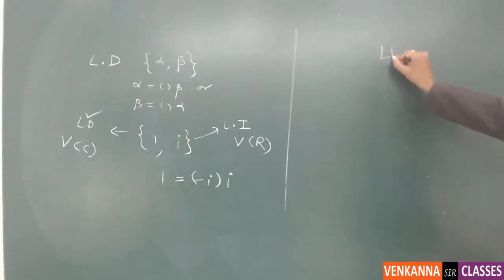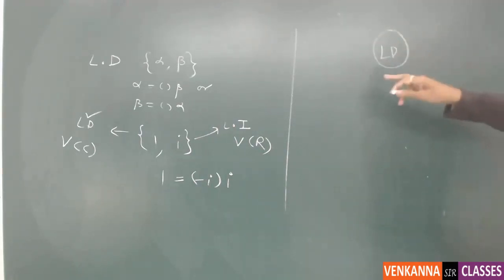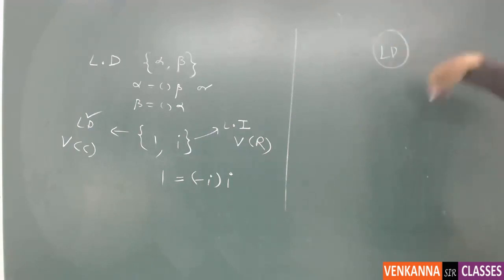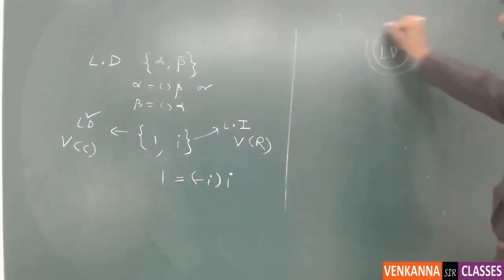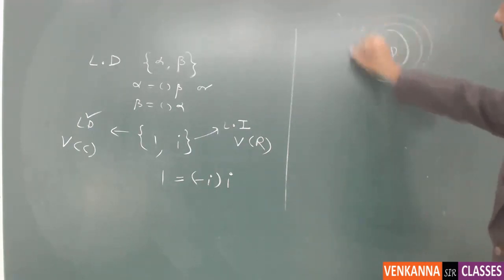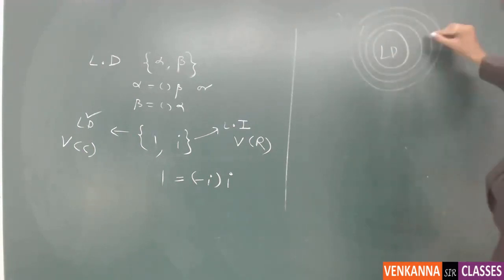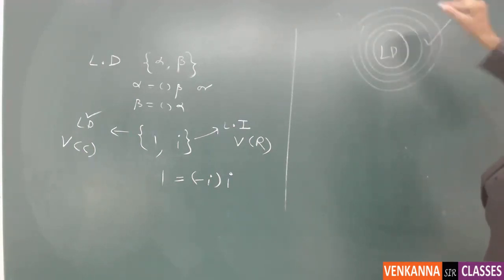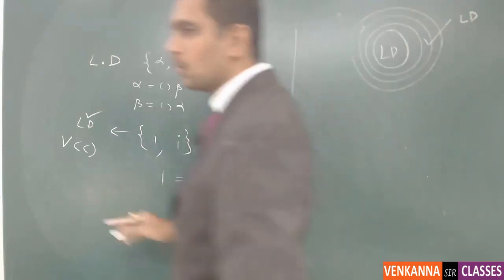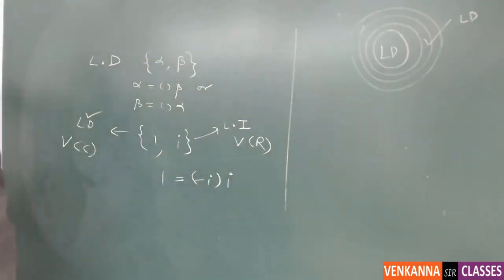Suppose I have an LD set. Then, if you take any superset of it, all these are LD. So what is the first result? Every superset of an LD set is LD. That is one result.